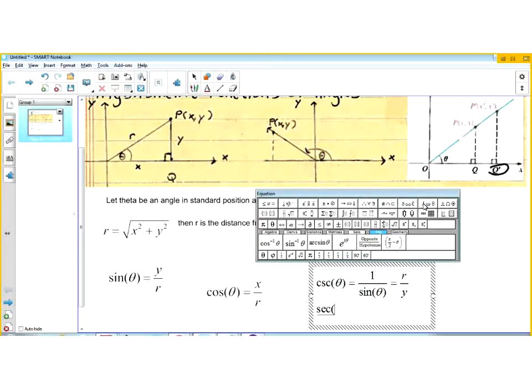Then the secant of theta is equal to 1 over the cosine of theta, which of course is equal to r over x, where x is not 0.